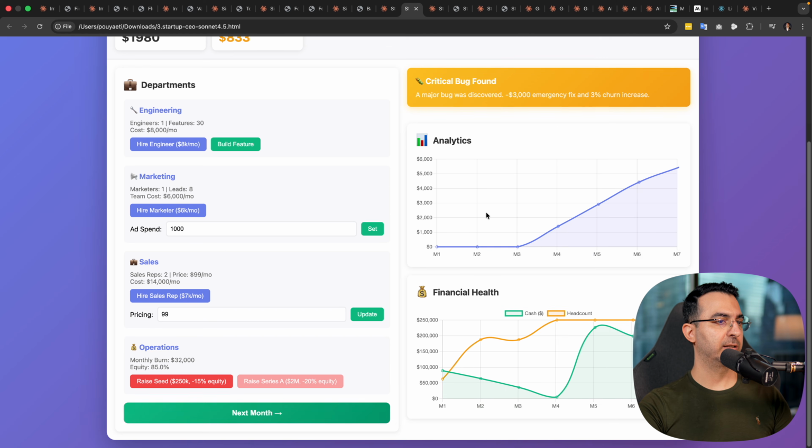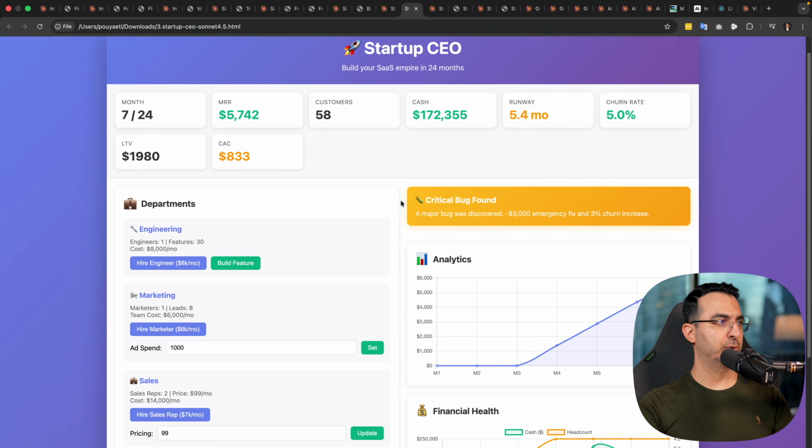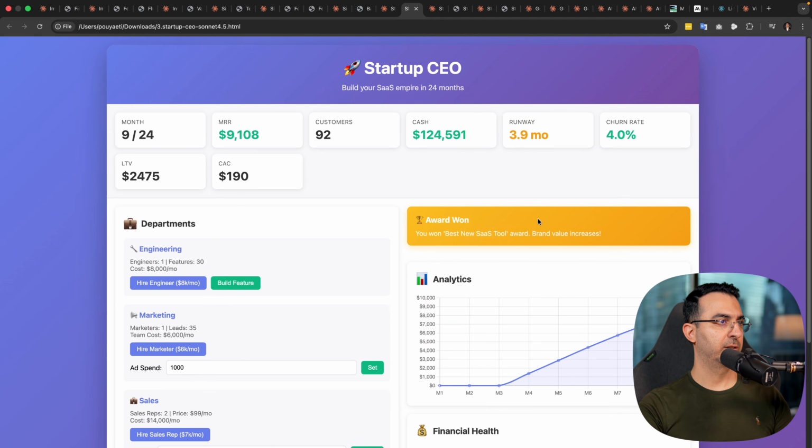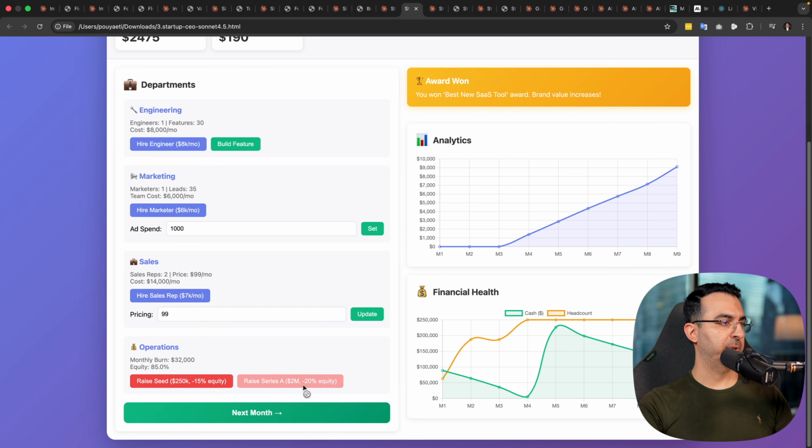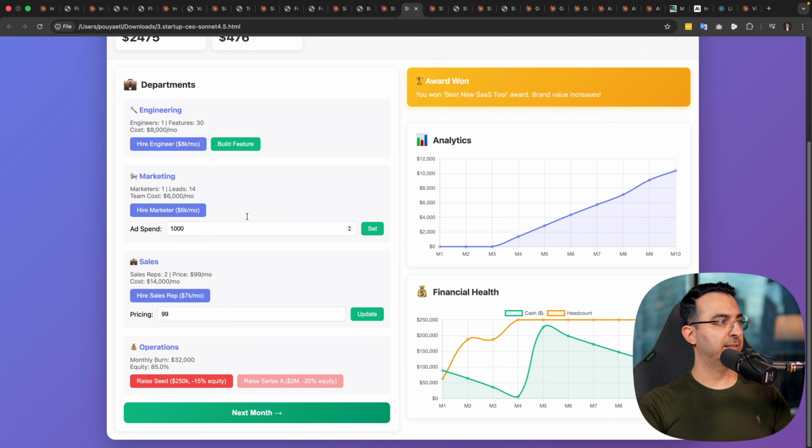Let's see if we can lose our money. It's not happening, but more or less it is fine, but it is acting very basic, because this will not happen the same way in the real world, right?